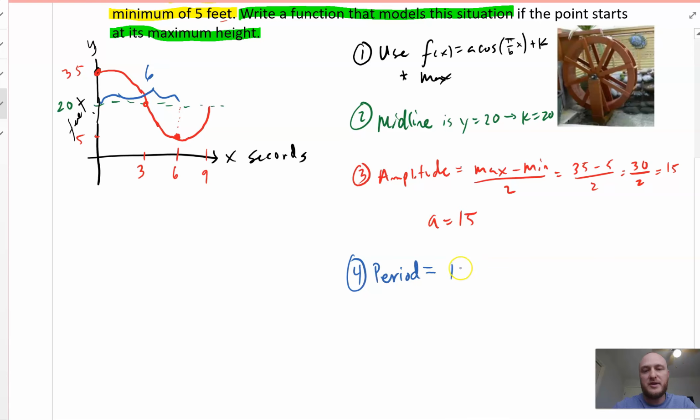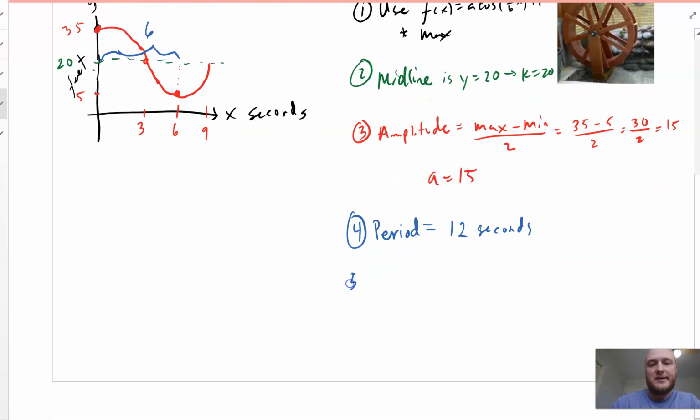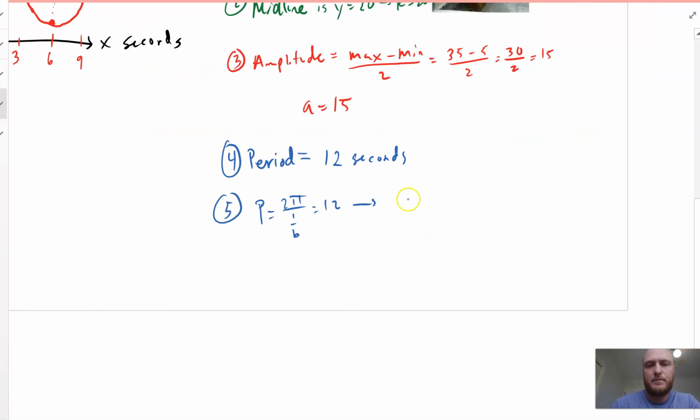So I know our period is going to be 12 seconds. Since we know that, now we can calculate the 1 over b value, which implies that 1 over b is equal to 2 pi over 12, which is pi over 6.